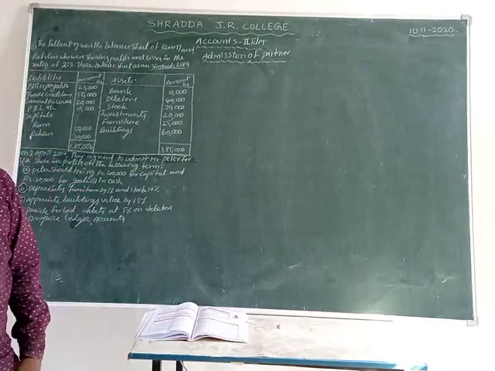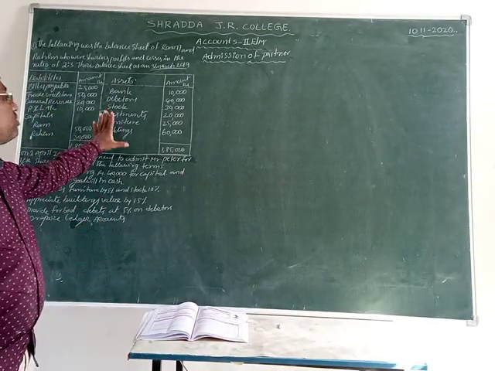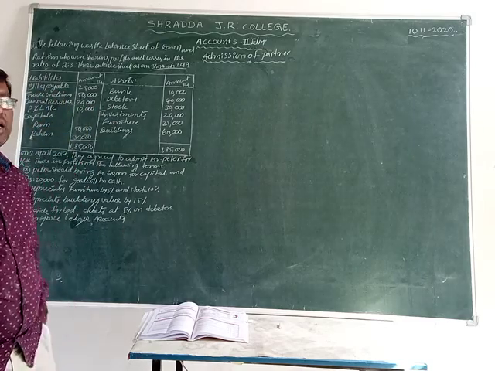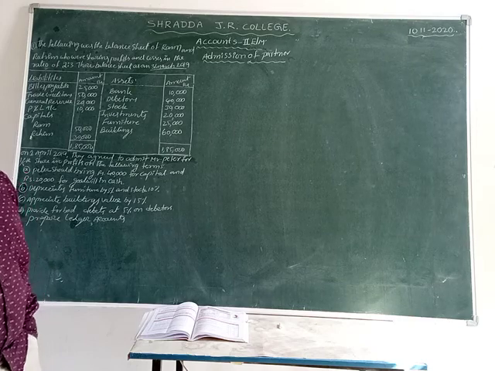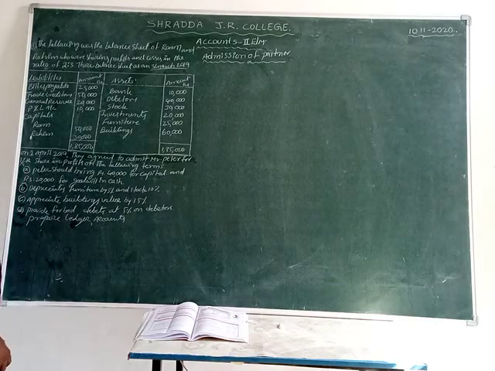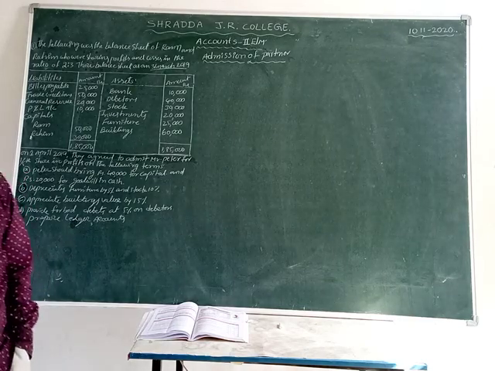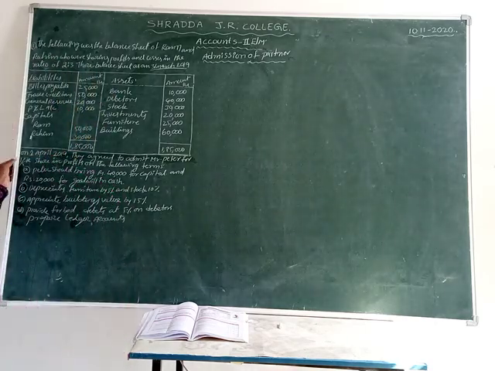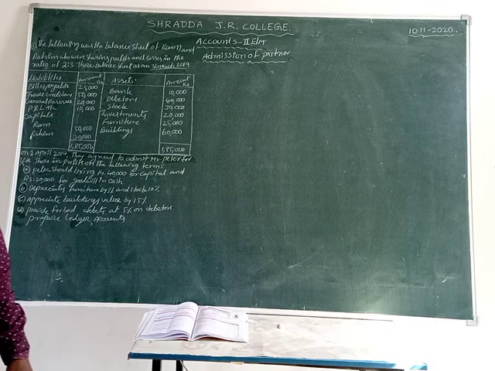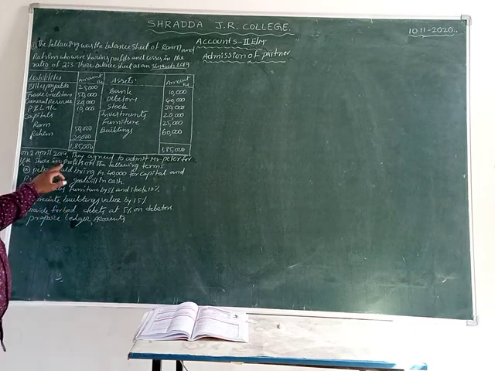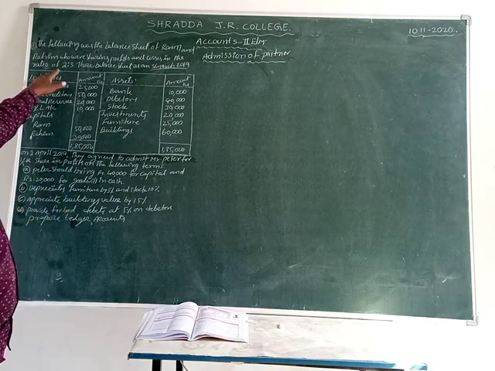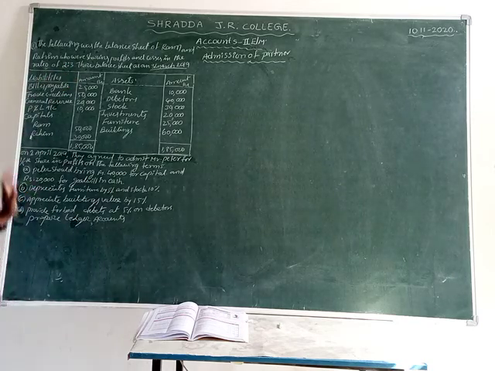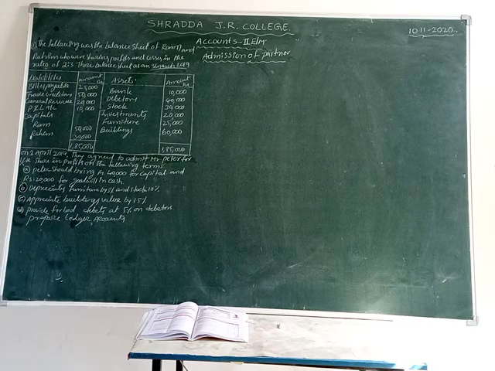Now we can prepare these five accounts. Listen to me, students. All assets and liabilities are given as of 31st March 2019. On April 1st a new partner comes in, whose name is Mr. Peter. Peter is admitted for a 1/5 profit share in this business. The old partners' ratio is 2:3, and the new partner gets a 1/5 share in profits and losses.